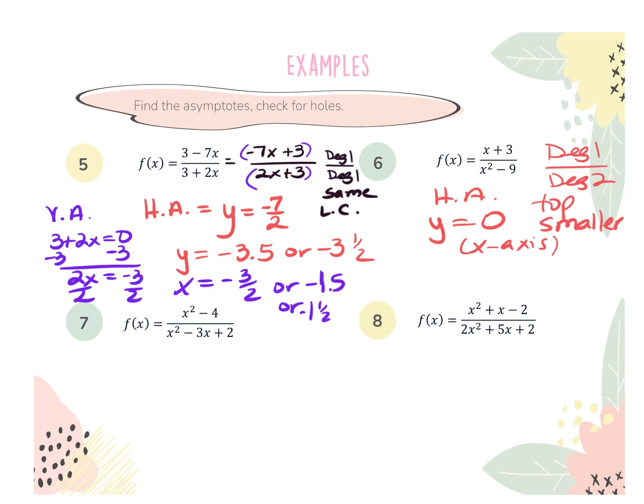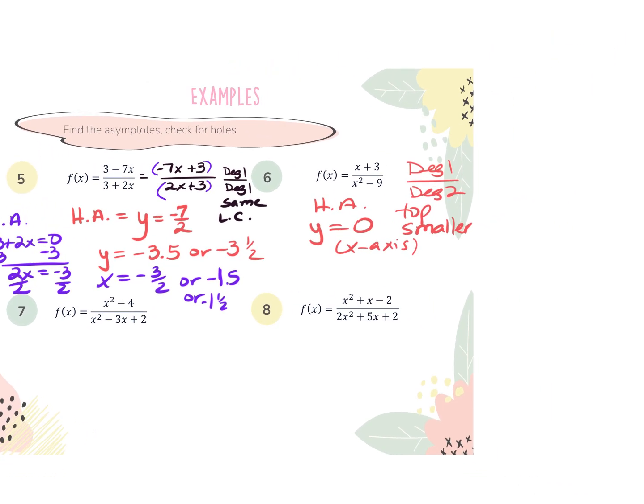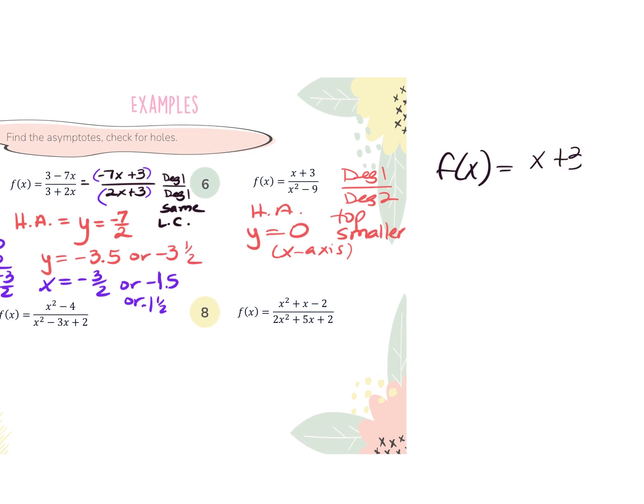For the vertical, we need to simplify the function first. So let's simplify. I can factor that denominator. It's the difference of 2 squares. So it's going to factor into x plus 3, x minus 3. The x plus 3's cancel out.